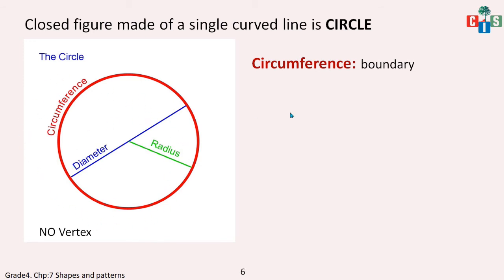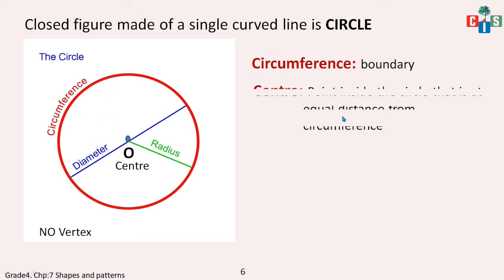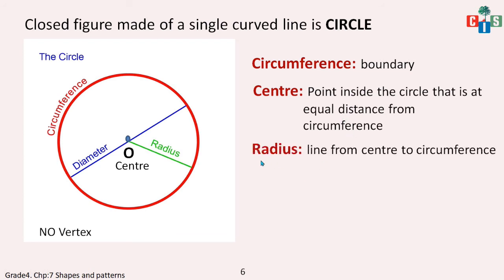Fine. Then this O is the center of the circle because it is at an equal distance from the circumference. Okay, a point which is at an equal distance from the circumference is known as the center of the circle. Fine. Then radius is a line from the center to the circumference.